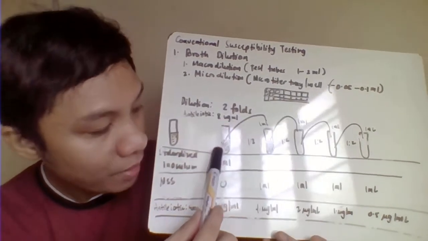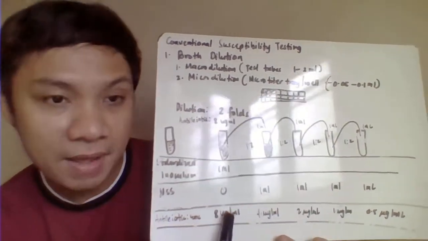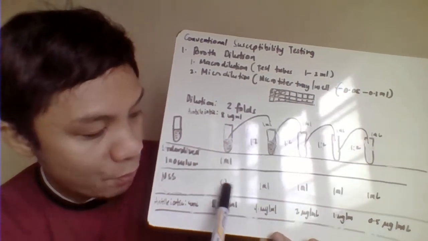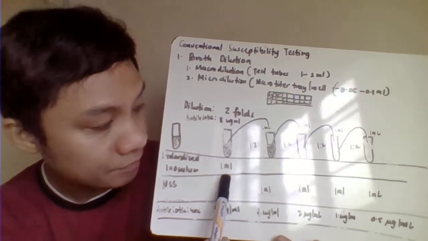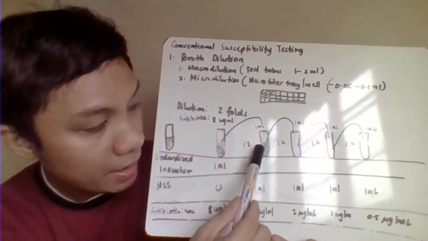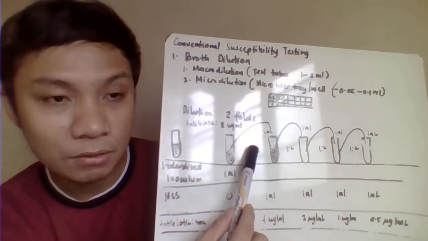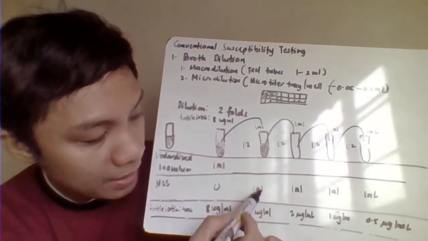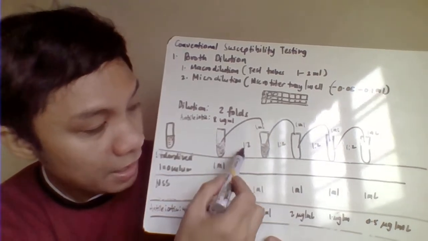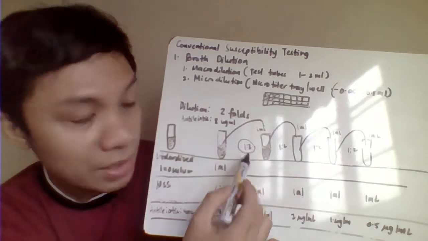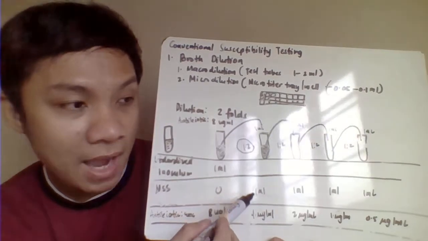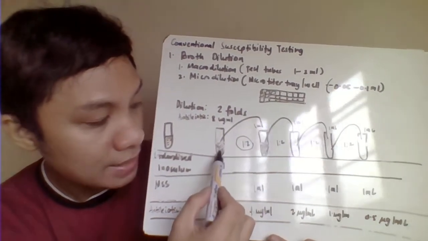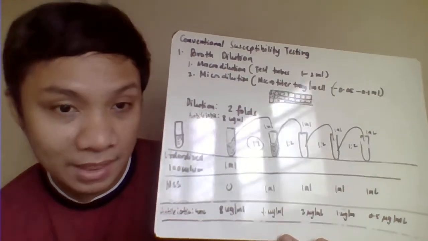Okay, then after that one, we still have here 8 microgram per ml kasi wala tayong diluent na NSS na nilagay. Then after that one, you will be preparing 1:2 dilution because this is a two-fold dilution. Okay, 1:2 dilution is 1 part ng solute natin and 1 part ng diluent natin.